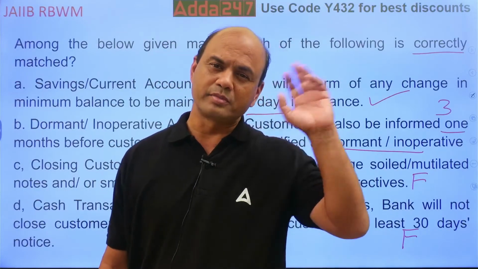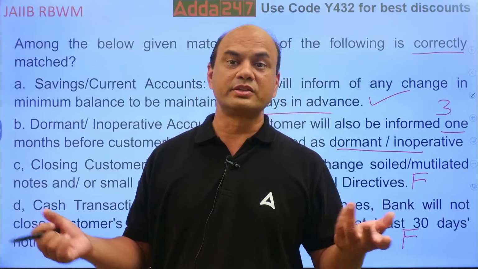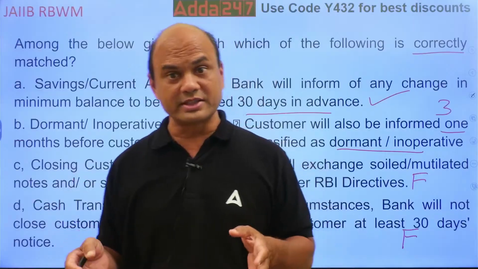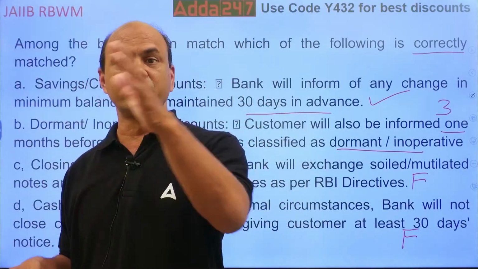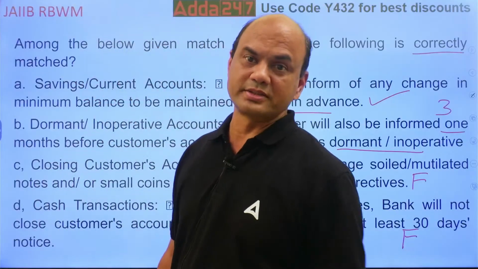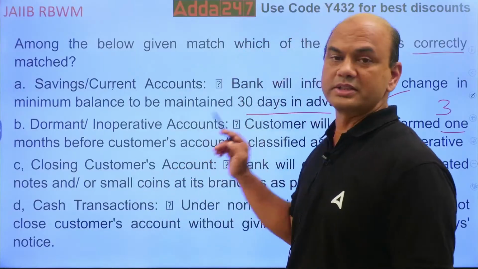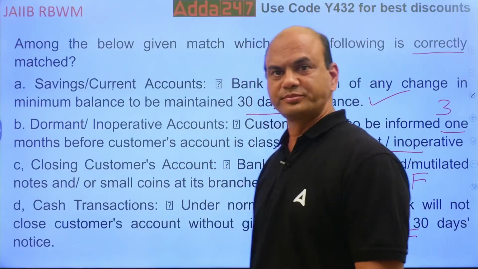But think of some northeast region branch where there is no electricity. There are certain villages in the foothills, mountains. So all these odds are to be considered. That's why the dormant account notice is 3 months. Okay, got it?